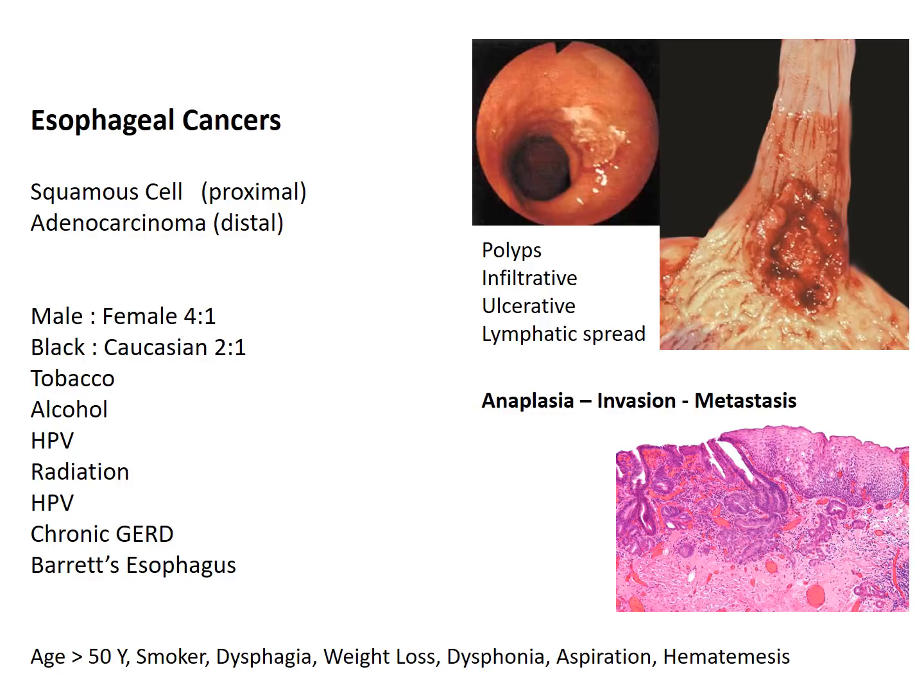In the more distal area, particularly close to the lower esophageal sphincter, it tends to be adenocarcinoma due to that change to Barrett's esophagus. Esophageal cancer can present as a polyp. It can be infiltrative, it can be ulcerative, and it can spread via lymphatics. And like all other cancers, it maintains those properties of anaplasia, invasion, and metastasis.